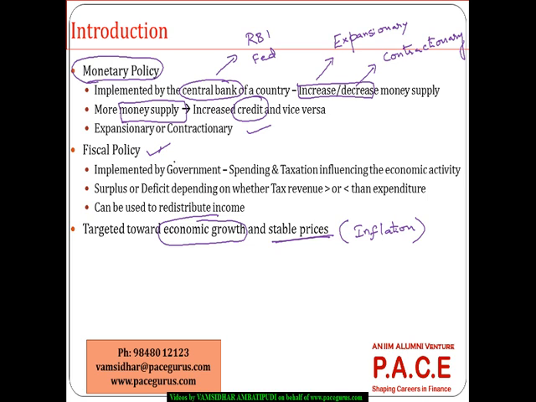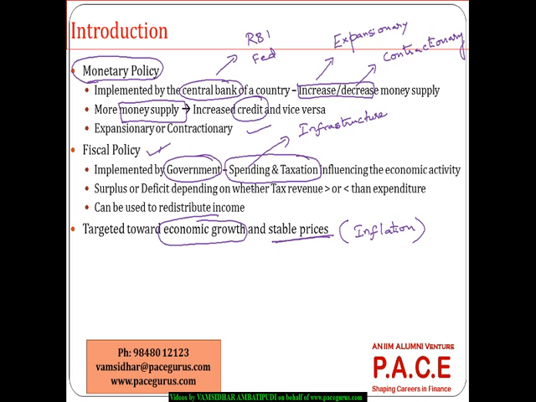Similarly, the other important policy, fiscal policy, is implemented by the government of the country, not by the central bank. What does the government do? Here it plays around with spending. Some kind of social spending it does, probably spending on infrastructure, roads, railways, the government's defense.